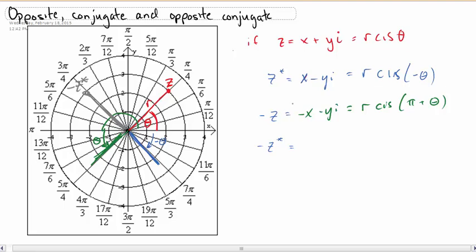That's going to be opposite x plus yi. So second quadrant, we're still going to have the same modulus, but now our angle will be theta radians less than pi. So in general, we can make these statements.